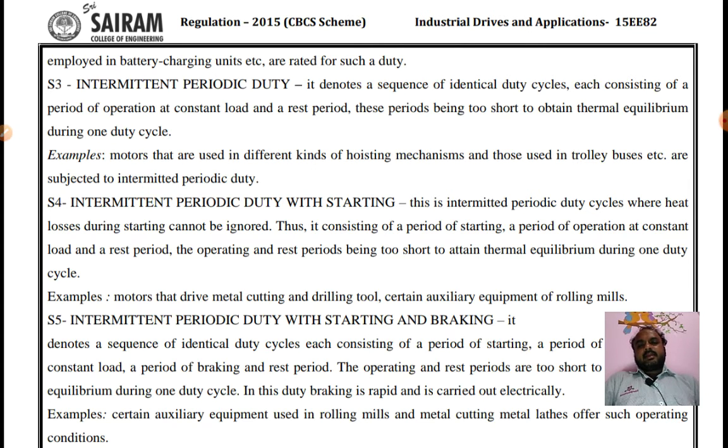So for some certain period of operation we use this type of drives. Examples are hoisting machines and those used in trolley buses.